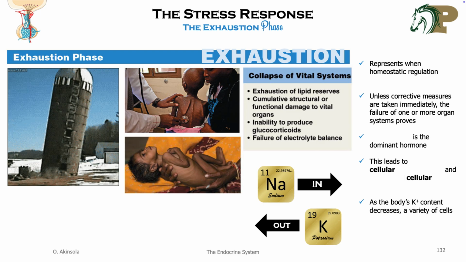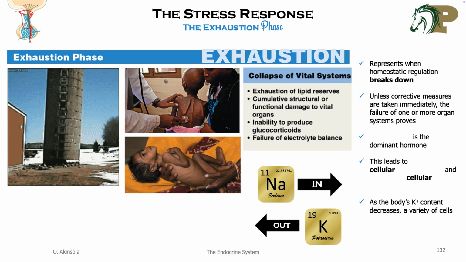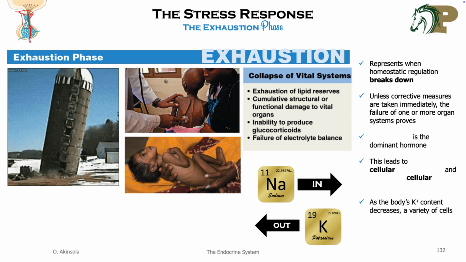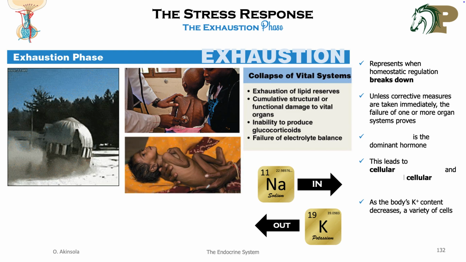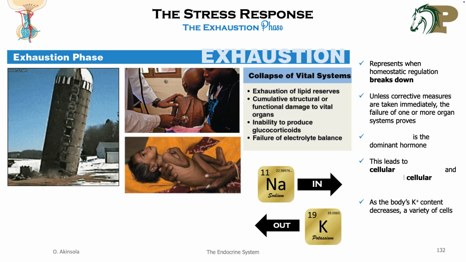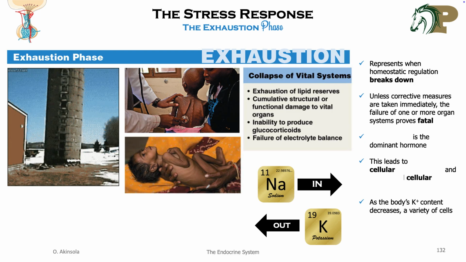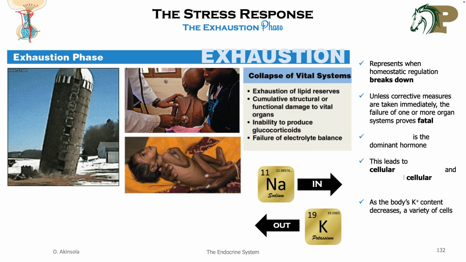And then finally, you have the exhaustion phase. This represents when homeostatic regulation just breaks down completely. Unless corrective measures are taken immediately, the failure of one or more systems proves fatal, so this can result in death.